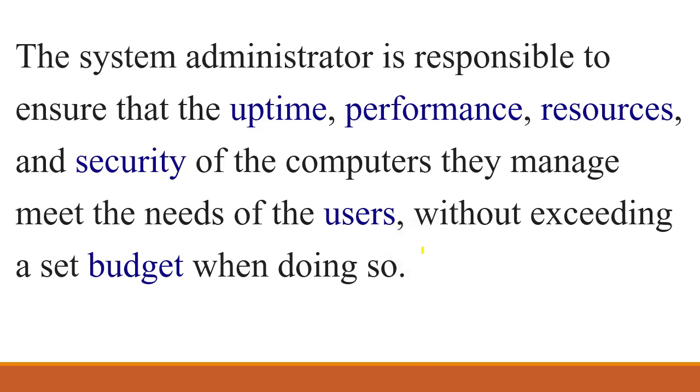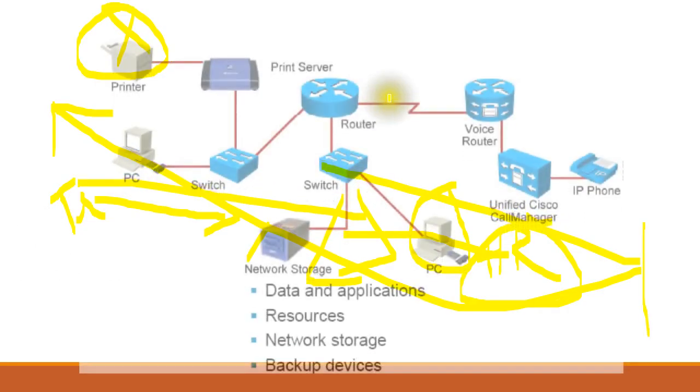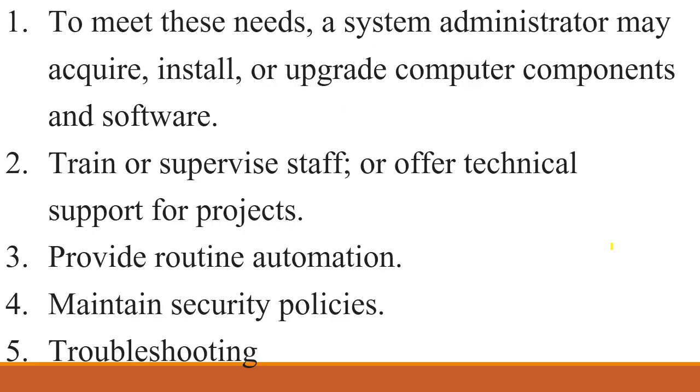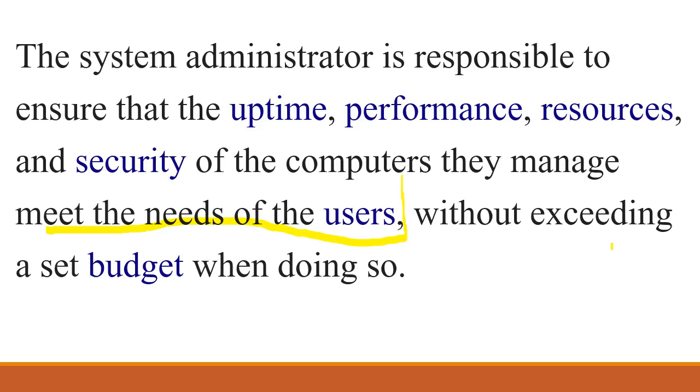Whatever is given to a system administrator to perform, like this infra, you have to perform all the activity inside this infra with a set budget. Set budget means what? You should not exceed a set budget. Let me tell you about it. For example, I am a company owner. I have hired a system administrator, and I'm telling him, buddy, I have just 3 lakh rupees.